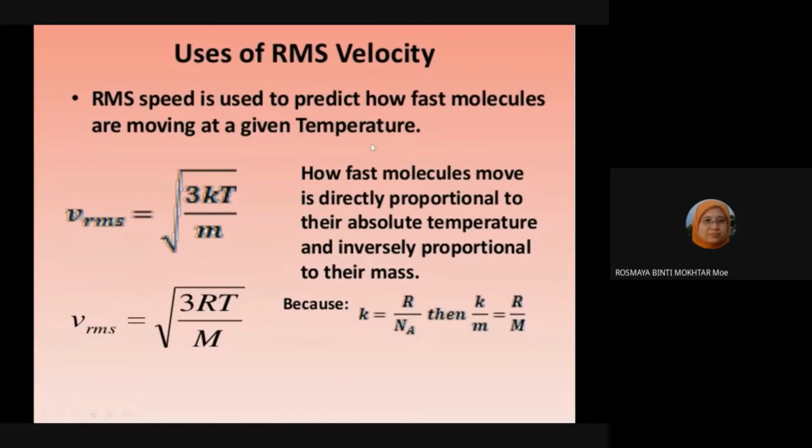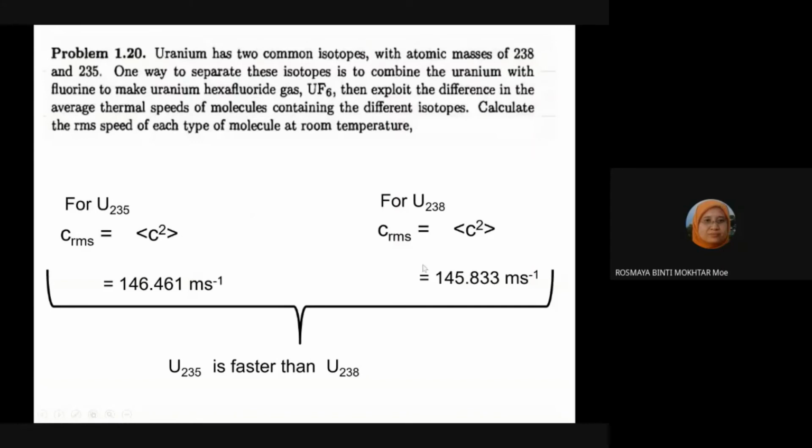You will learn this in detail when you further your study. From these two values of RMS speed for 235 and 238, the uranium-235 is faster than uranium-238. Any problem with this question? No.